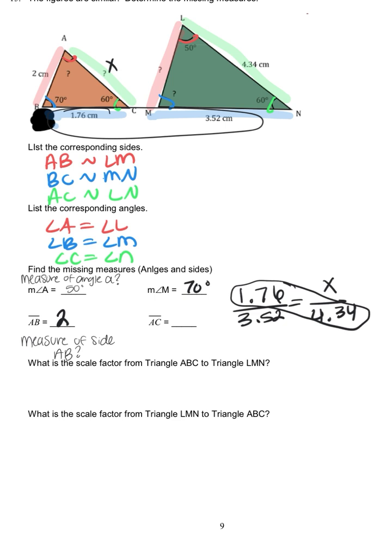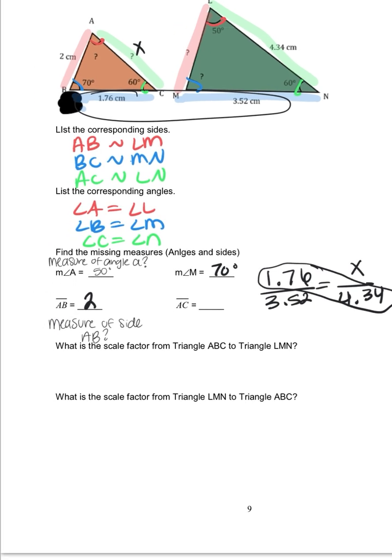So I'm telling you that I'm going to use a calculator to make it go by a little bit easier and to make sure. All right, so I'm going to have 1.76 times 4.34, which that's going to give me, I'm going to write it up here, 7.6384. And I'm going to divide that all by 3.52 to give me a final answer of 2.17.